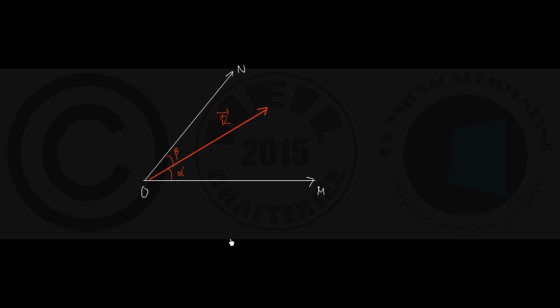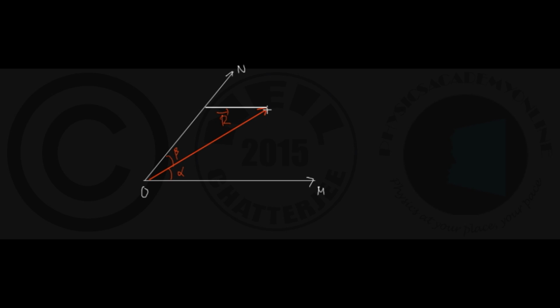So what we do in this case, we just complete the parallelogram as I'll show you here. From the tip of R, I draw a line parallel to OM which cuts ON at a point.